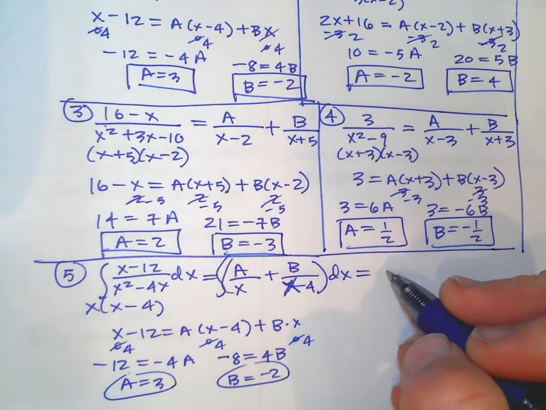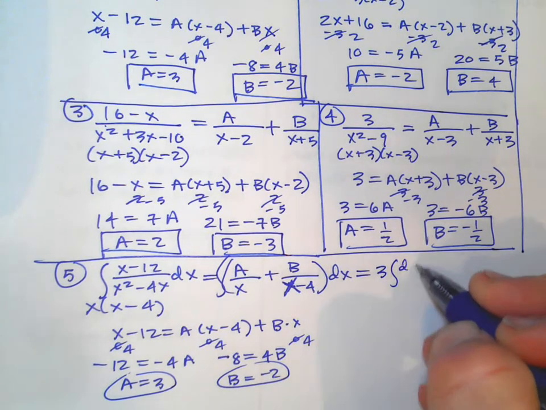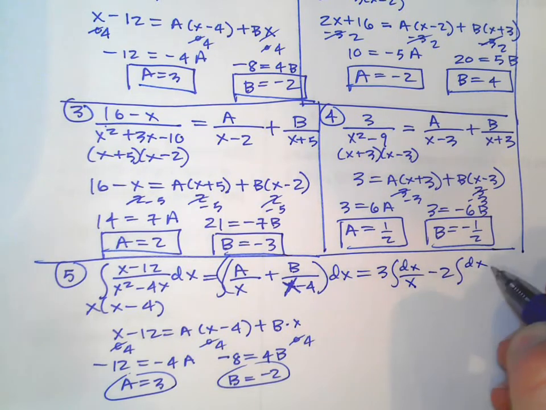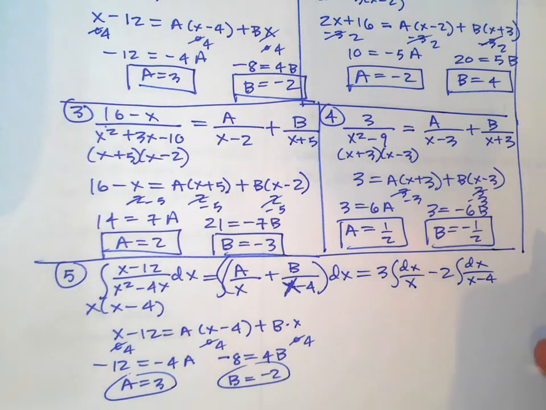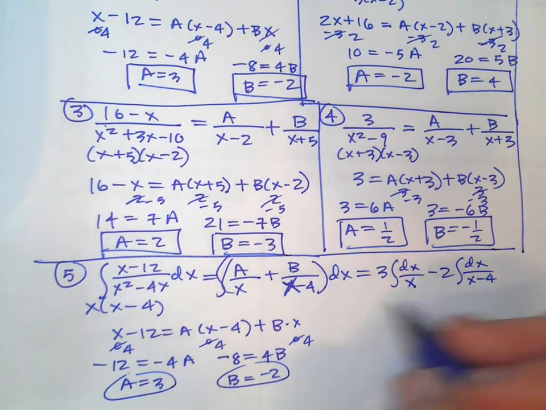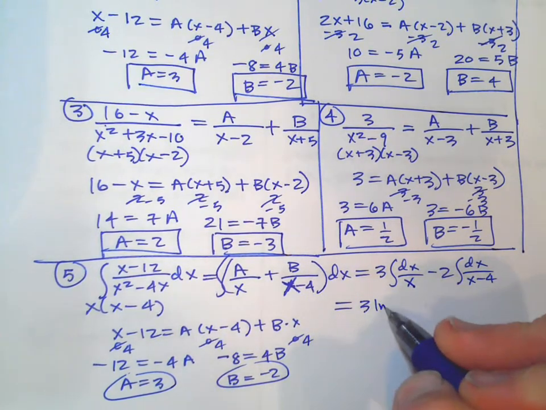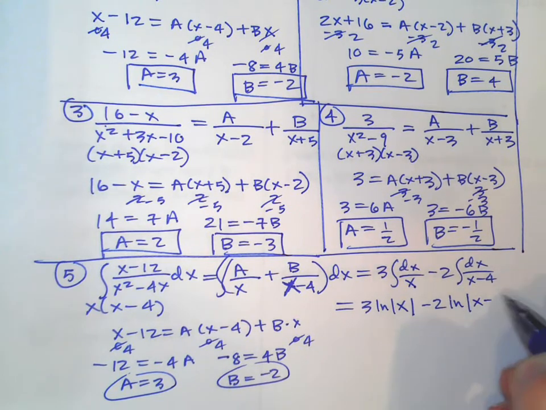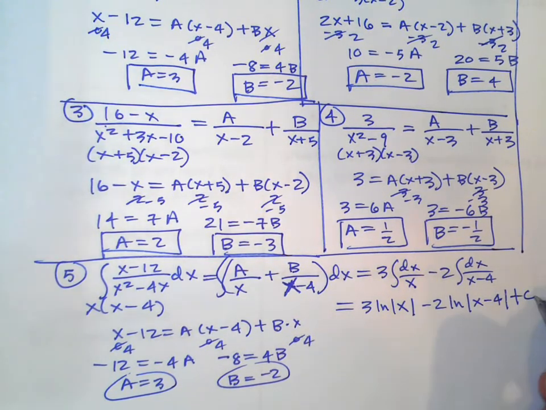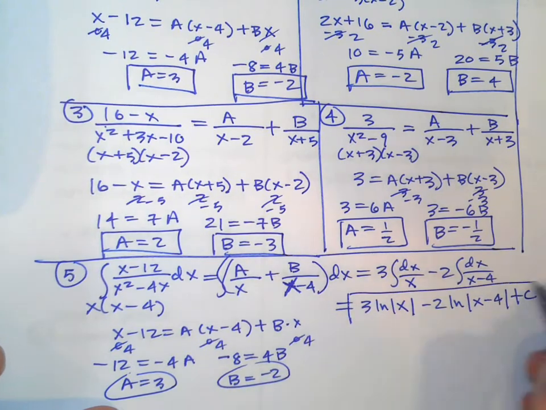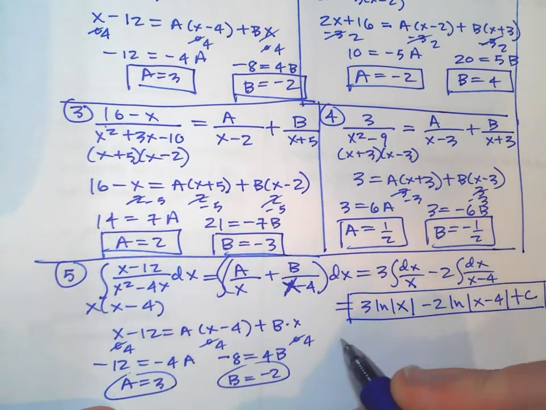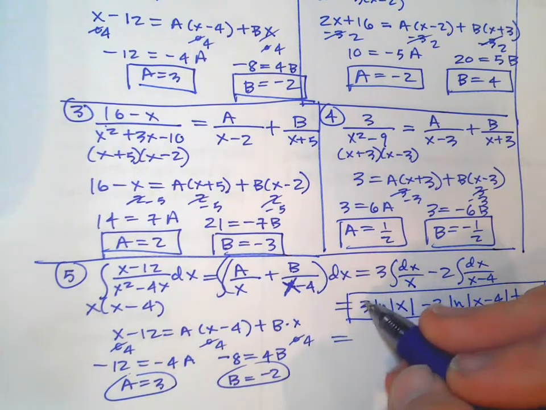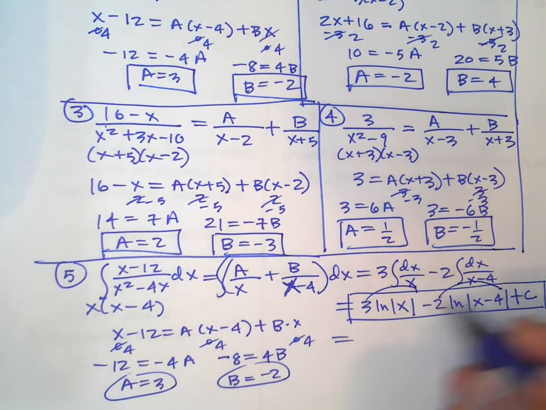Now this time we're going to actually continue the problem. So I'm going to put the 3 in front and just do dx over x, and the 2 in front, dx over x minus 4. And so we're going to get 3 natural log of the absolute value of x minus 2 natural log of the absolute value of x minus 4 plus C. So yeah, sure, that's an answer. But I actually am requiring you guys to combine, use log rules. So you can bring the 3 in and the 2 in, and then combine these with division.